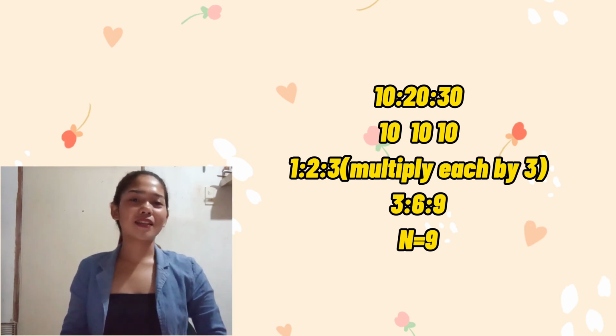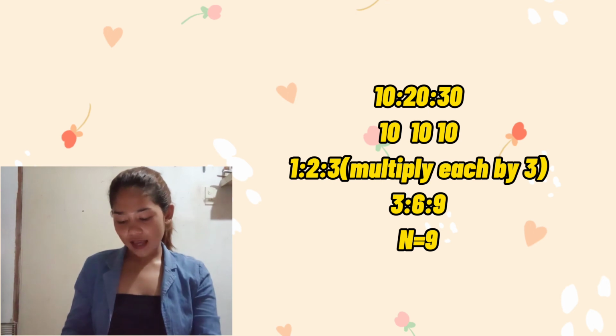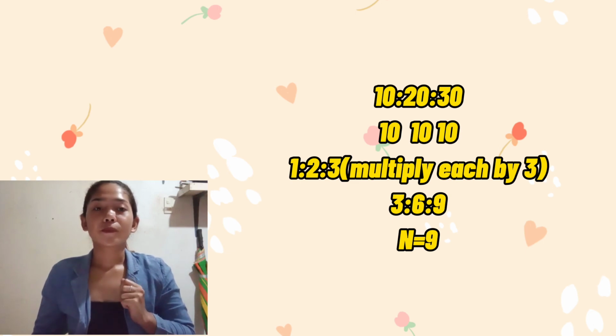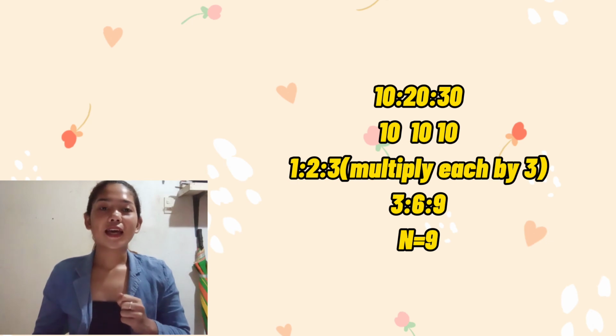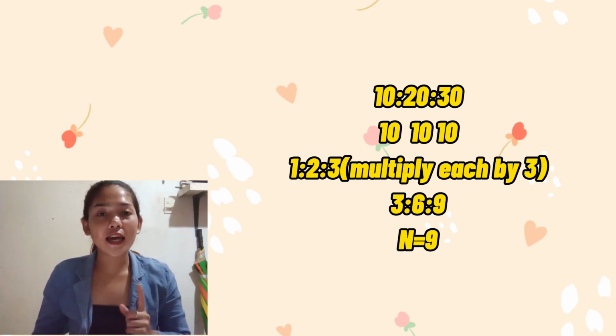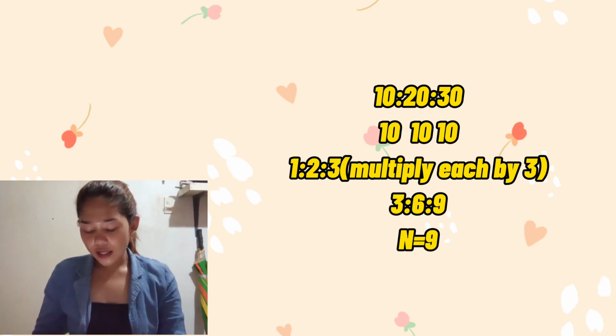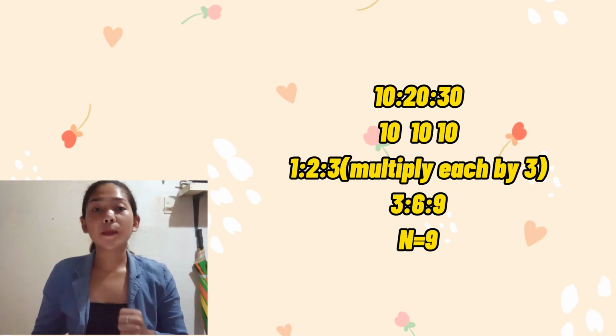Okay, you got it right. Yes, it's 10. So 10 divided by 10 is 1, and 20 divided by 10 is 2. Okay, and last is 30 divided by 10 is correct, 3. Okay, and next step is we must multiply each by 3.